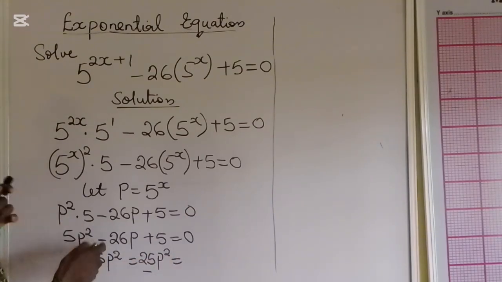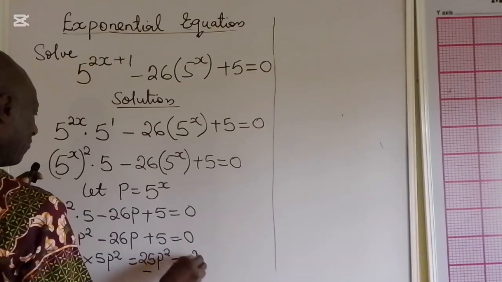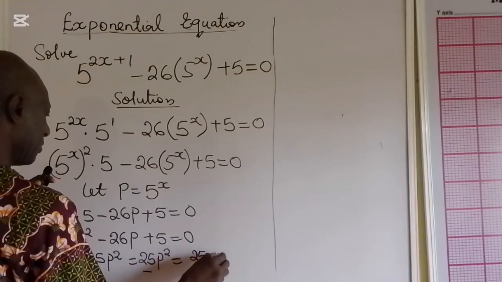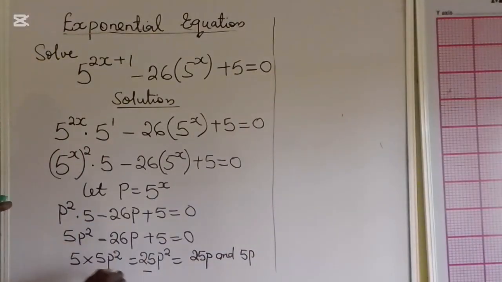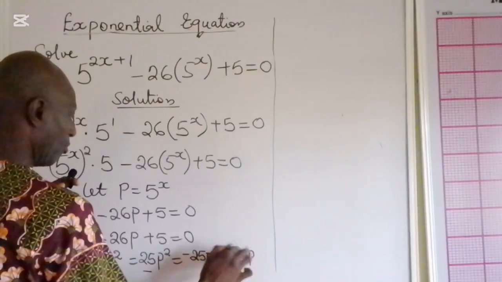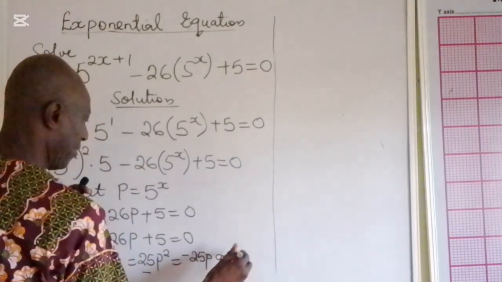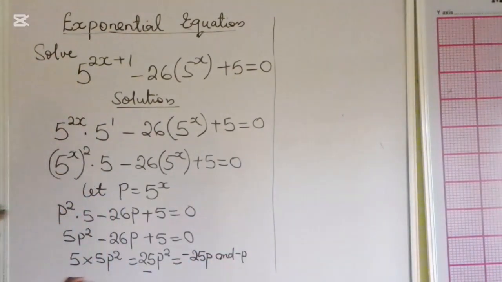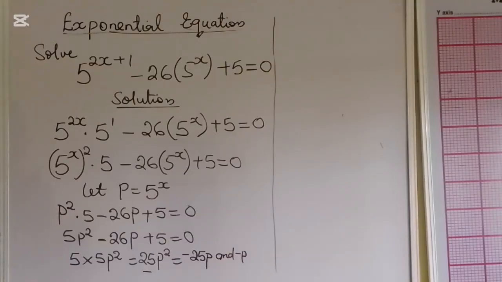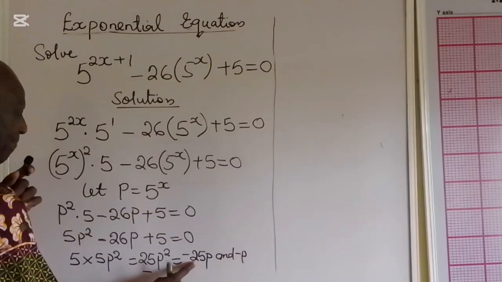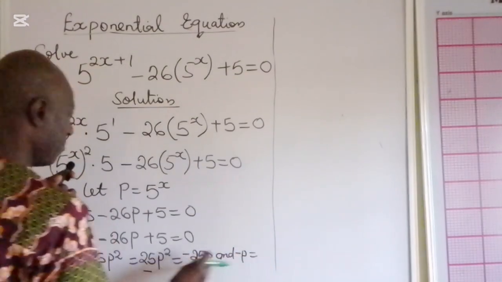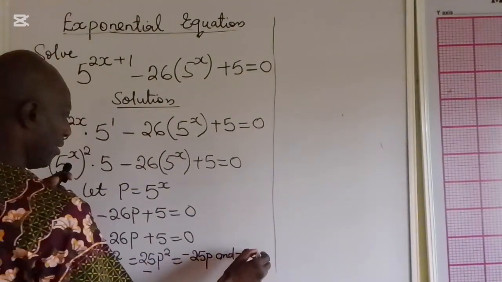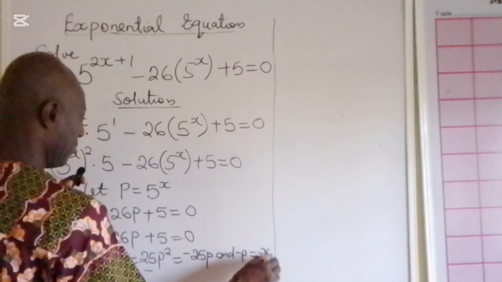And we are working to get this minus 26. So what are the product of 25p squared: it is 25p and 1p. Since this is minus, the two values will be negative. Minus 25p minus 1p is minus 26p.